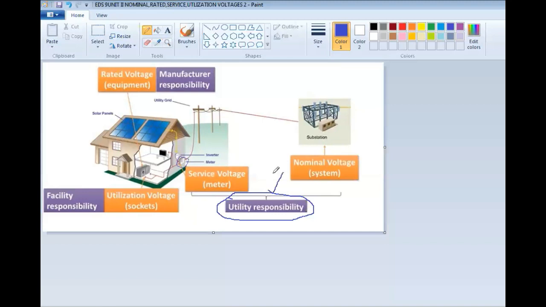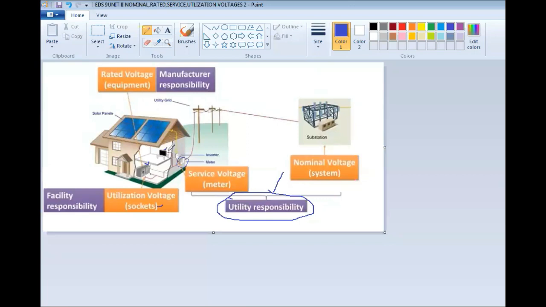After getting supply at the meter, it will be connected to all the appliances inside the house. It may be connected to the computer, or an inverter is there. Now, whatever the voltage available at the terminals of an equipment, let us suppose there is a socket there. So from this point there is a socket.